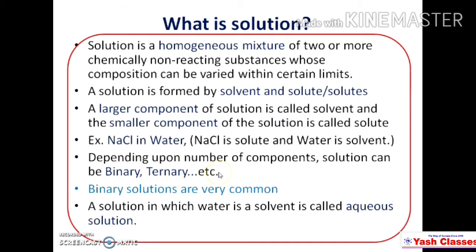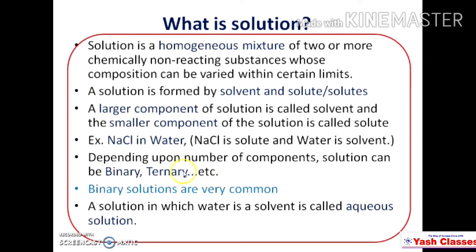Out of various solutions, binary solutions are very common. Actually in nature there are many solutions which contain more than three components also. Seawater contains several components. For example, seawater contains dissolved salts like sodium chloride, calcium sulfate, magnesium sulfate. There are several salts and several other components soluble in water.